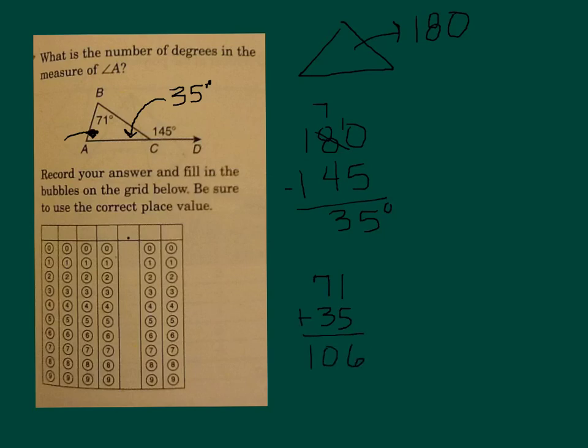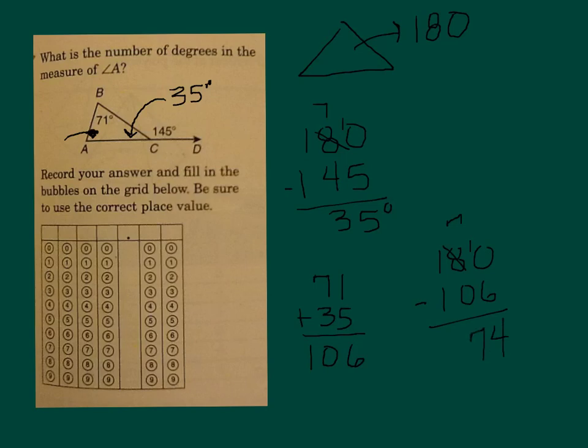That's 106, and I know that 106 is what I have with these two angles here. So if I subtract that from 180, I'm going to do that now. That's going to give me what's left over. Okay, borrow, carry.